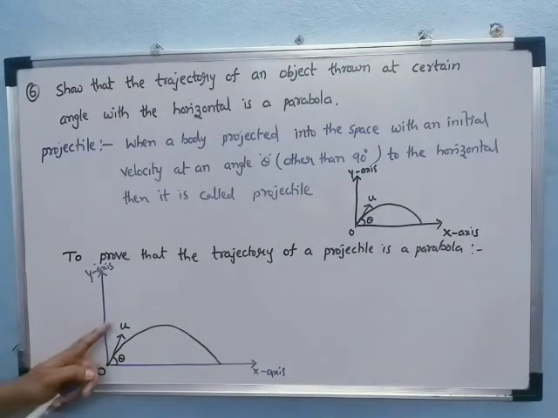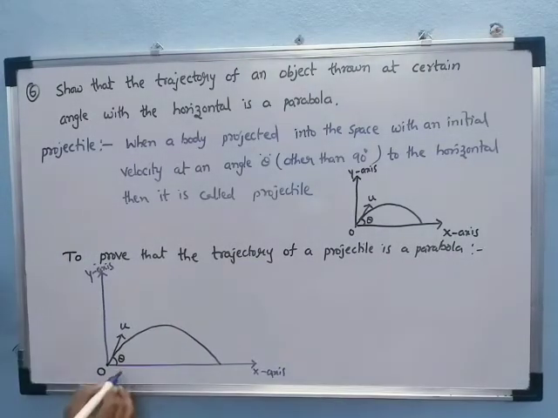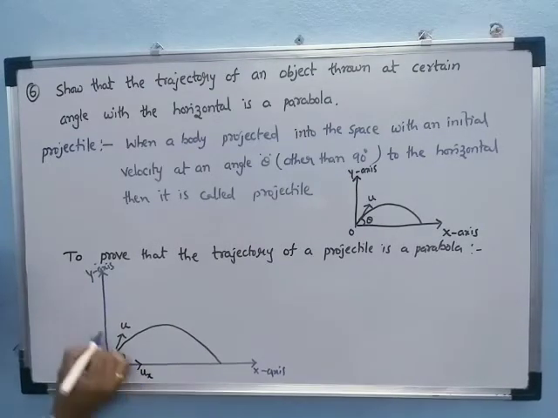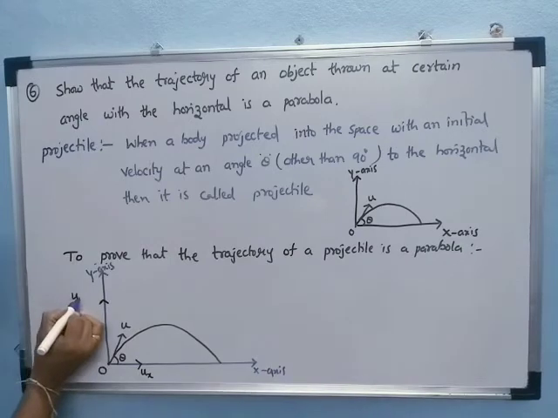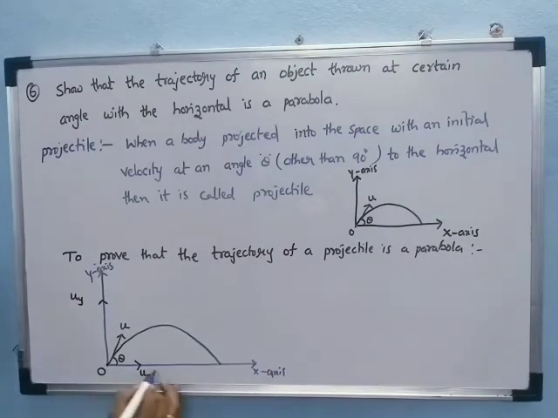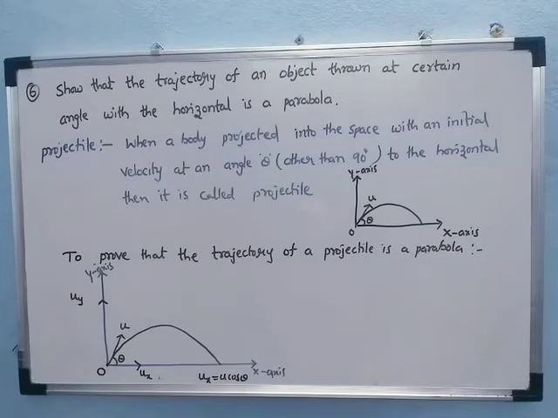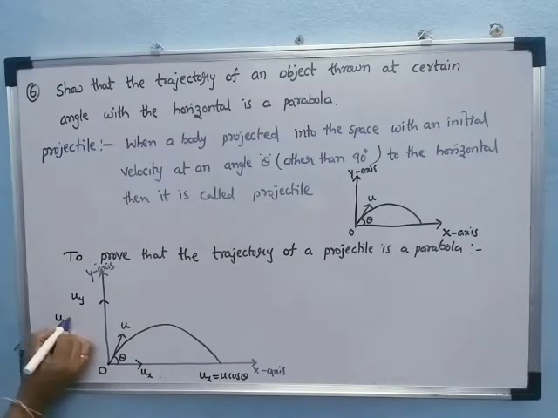This velocity u can be resolved into two rectangular components, one horizontal and another vertical. The velocity along the x-axis we consider ux, along the y-axis uy. ux is equal to u cos theta, the horizontal component, and uy is equal to u sin theta.